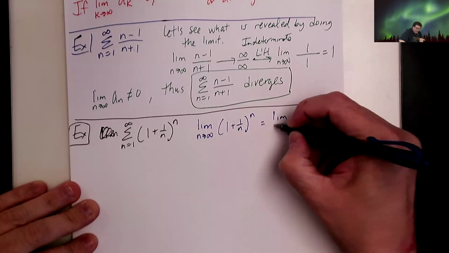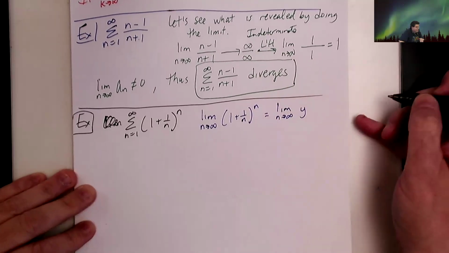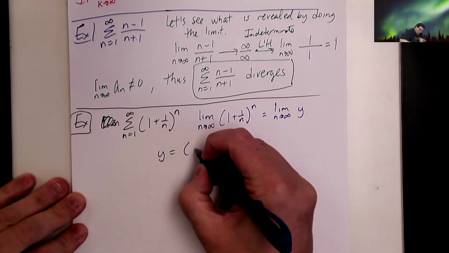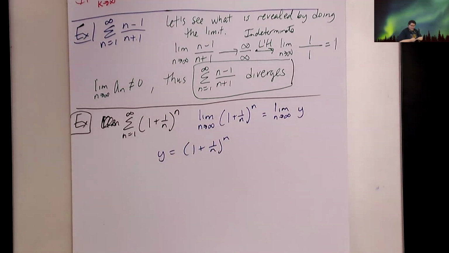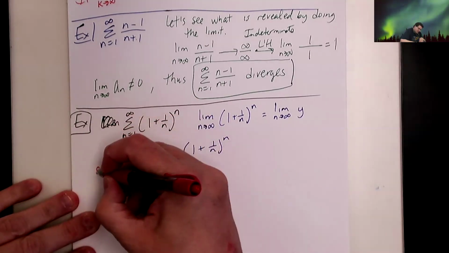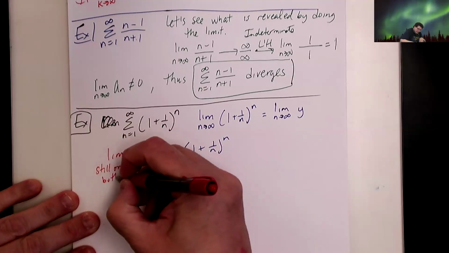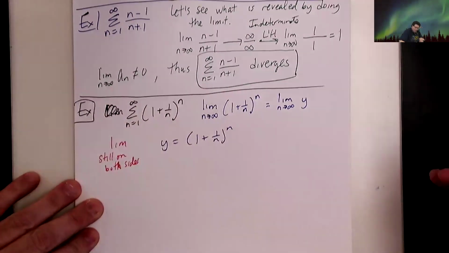All right, so let's say the limit as n goes to infinity of y, so y equals 1 plus 1 over n to the nth power. And the limit's still applying to both sides here, because things inside a limit work just fine.